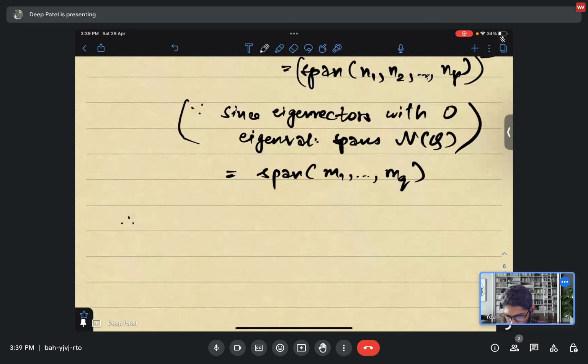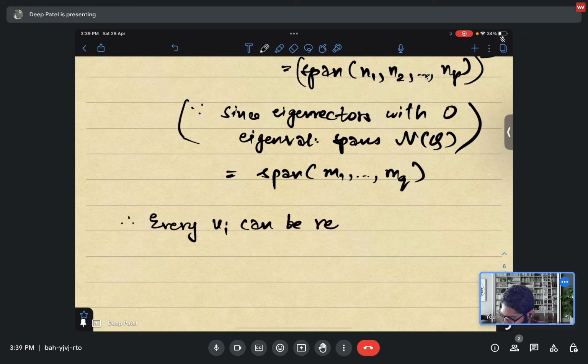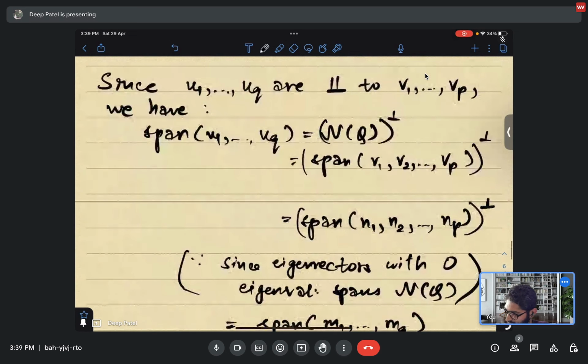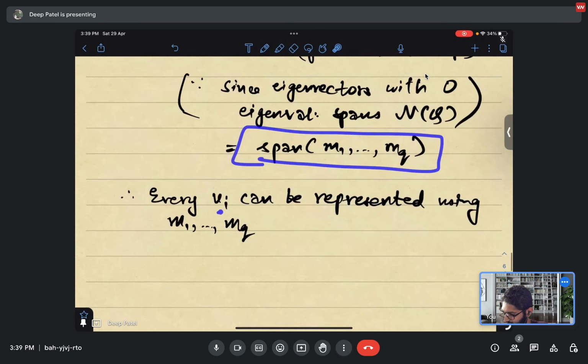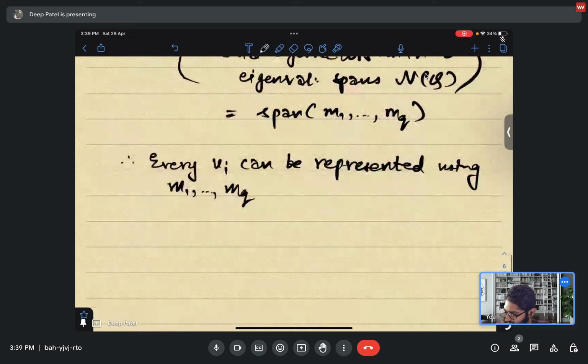Right, so every ui can be represented using m1 to mq, because what we have seen is that the span of u1 to uq is the same as the span of m1 to mq. So what can we write? u equals m theta for some theta.